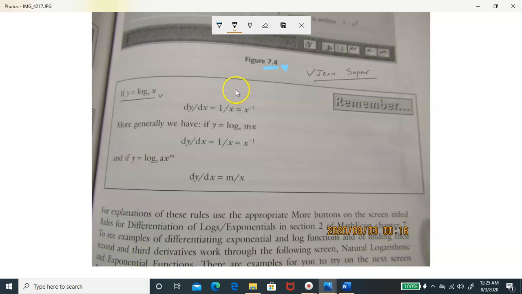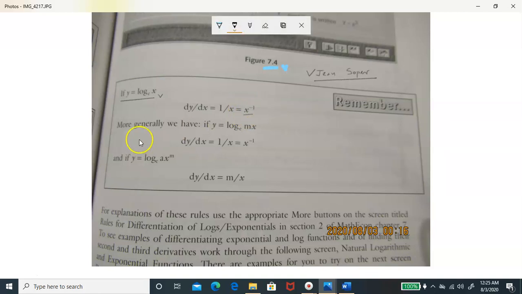Yeah, log_e of x, right? And then if we differentiate, it will be dy/dx. If we want to differentiate log x, we get 1 over x, which we can write as x raised to the power -1.